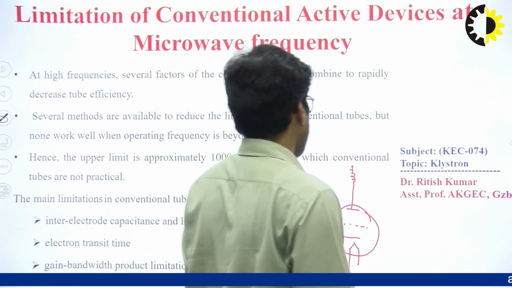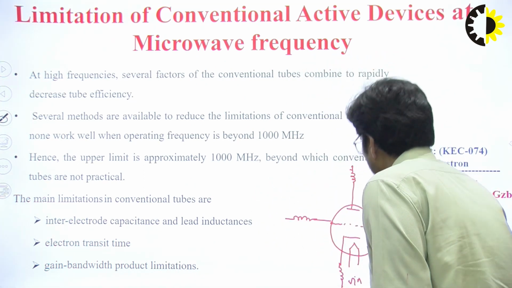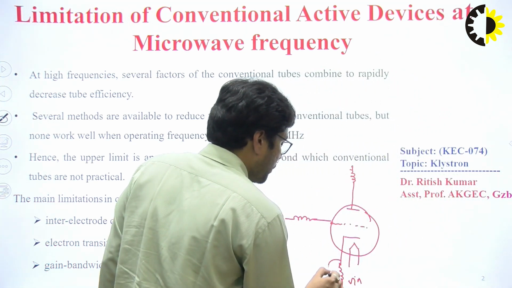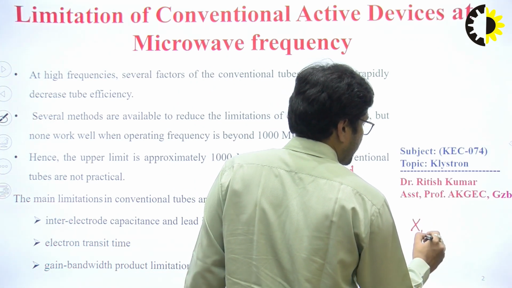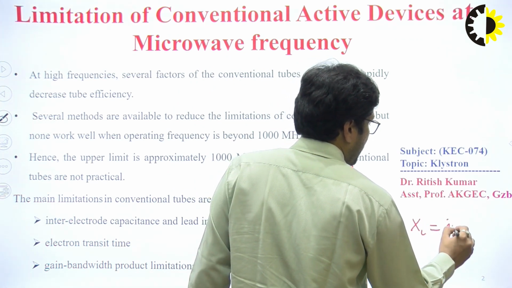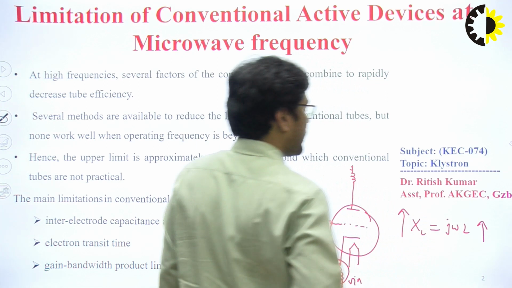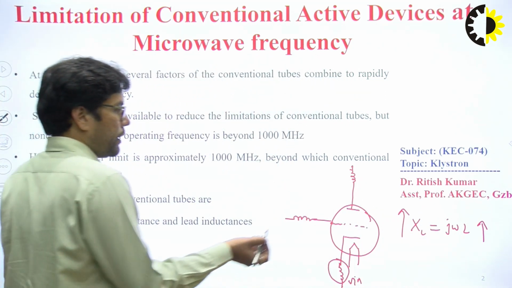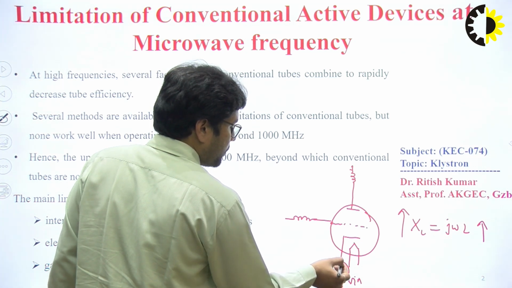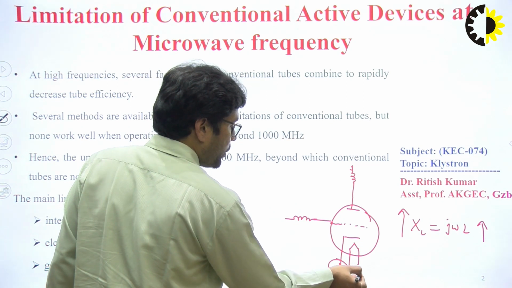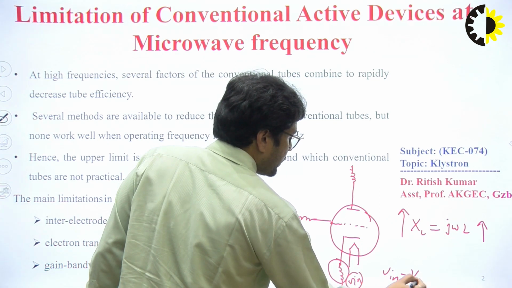Suppose we want to apply an input signal at this point, Vin. Due to the presence of this buyer inductance at higher frequency, and as we know the reactance of an inductance is j omega L, as the frequency increases the reactance of the inductance increases. So if we apply some input voltage here, this inductance will drop some voltage, V naught.